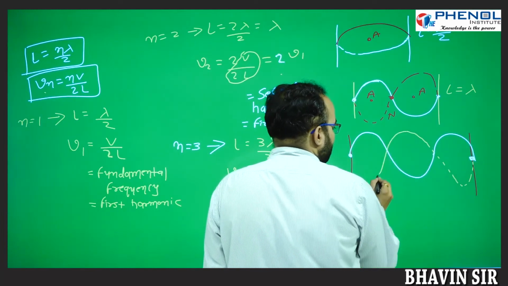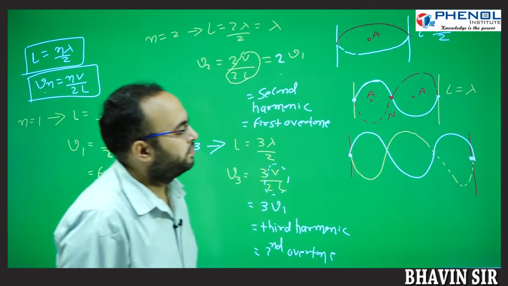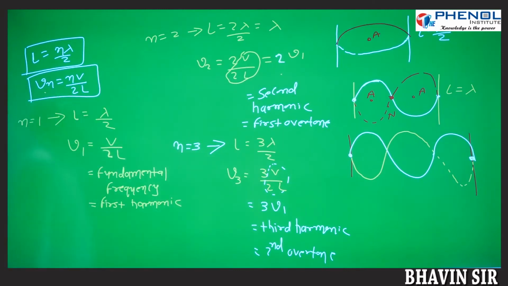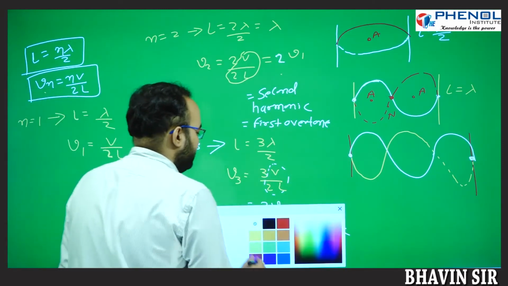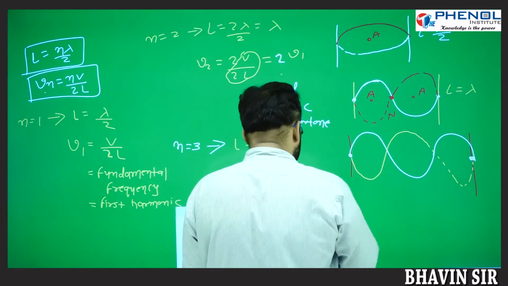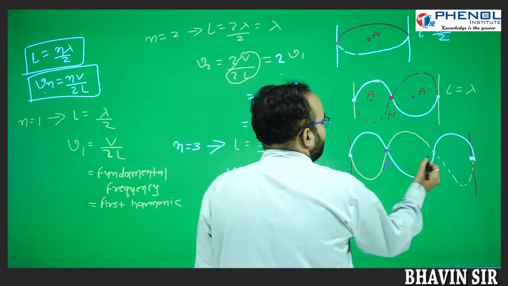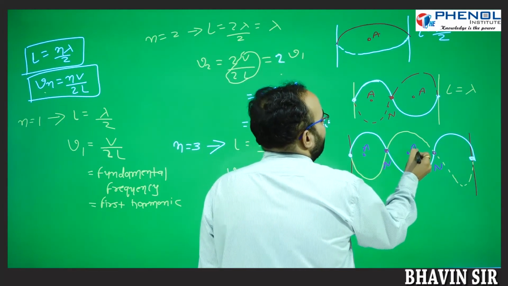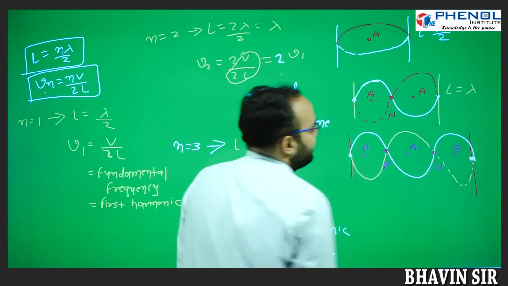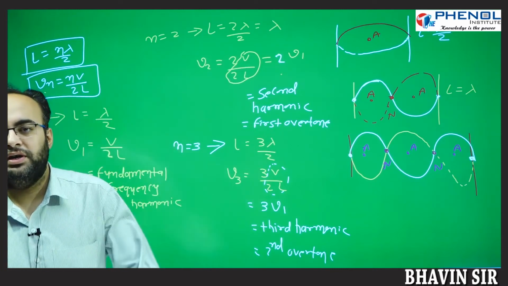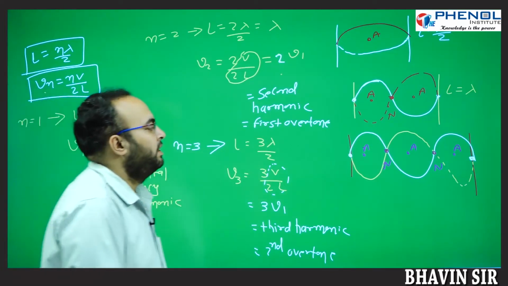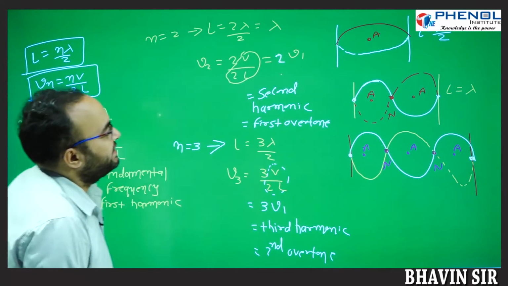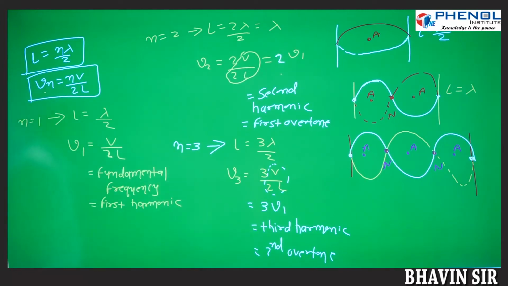So students see, here it crosses 2 times, where the amplitude is 0, and maximum amplitude elsewhere, so 2 nodes and 3 antinodes. So 2 times cross, so it is known as the second overtone.